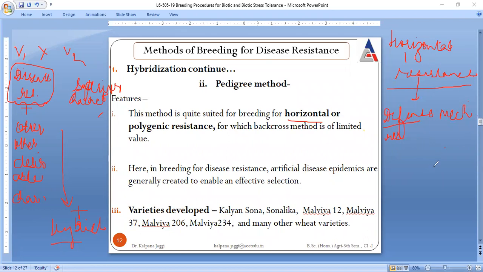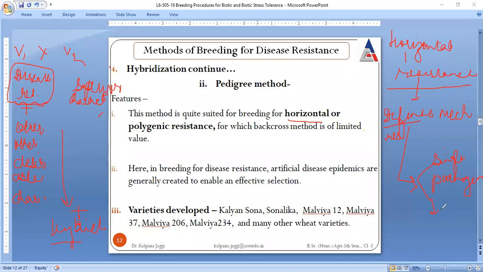Here the plant has the resistance mechanism, and very important, that resistance mechanism is acting against the genotype of a single pathogen only.